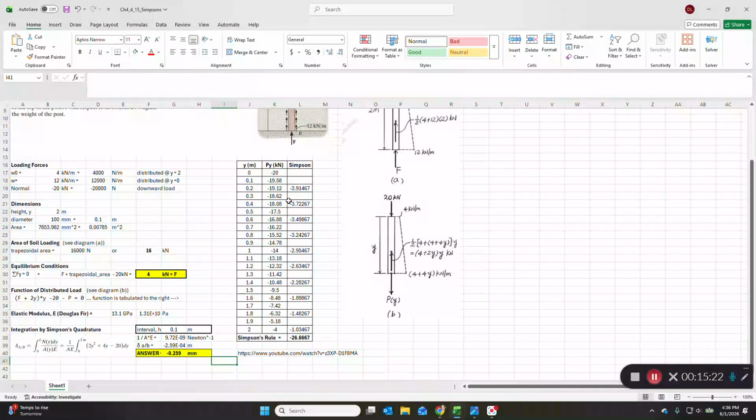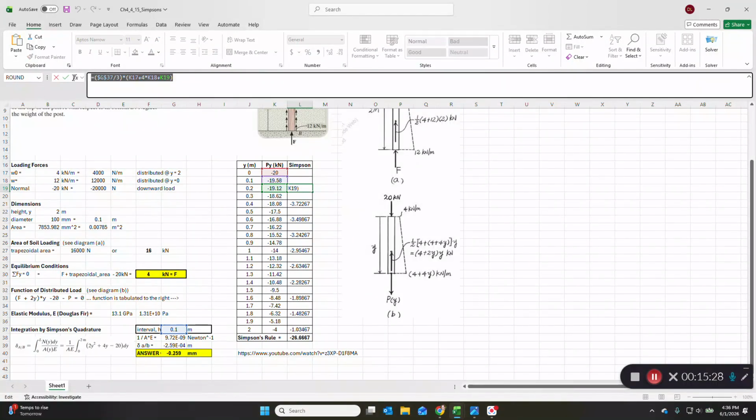All right, so again, Simpson's rule, we need the interval. That's a fixed value. We have to use the absolute cell address with the dollar signs. We're always going to refer to the same cell here for the interval and divide by 3. And that'll be a constant times the first term plus 4 times the second term plus the third term. And that's how we calculate these Simpson's quadratures.